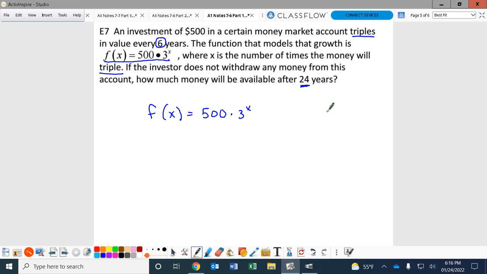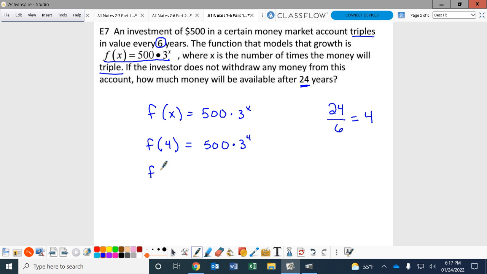So the first thing we have to do is take that 24 years and divide it by the 6 years that it takes it to triple. That means it will actually triple a total of 4 times, which means we're plugging in 4 for the x, which would make it 500 times 3 to the 4th, because it's going to triple 4 times over 24 years.